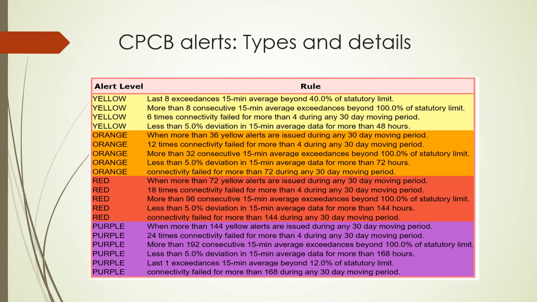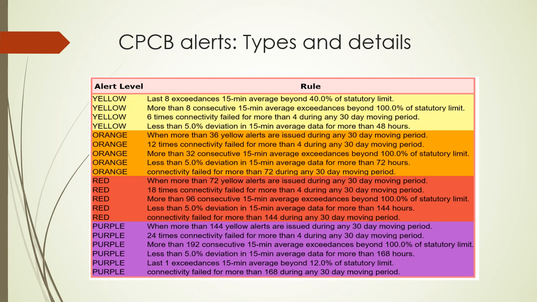That means a purple alert is the highest criticality, and the action plan should be faster, and we should respond in a very efficient way so that there is no issue from CPCB. I'll go through each alert one by one, stating one example from each alert level.